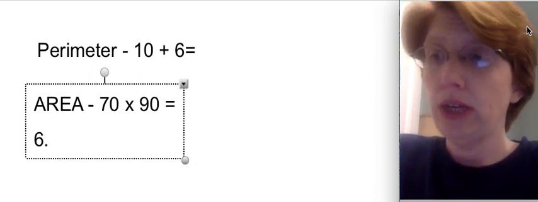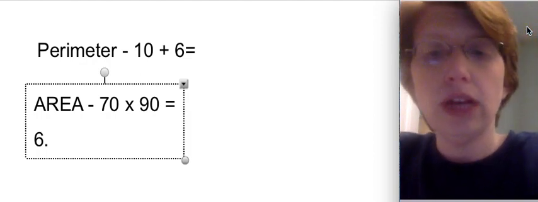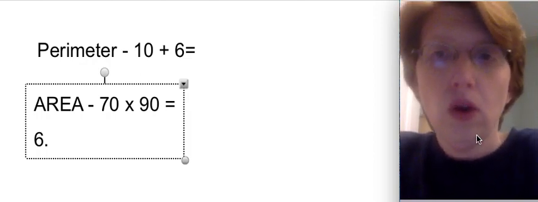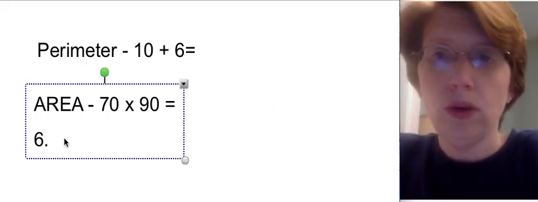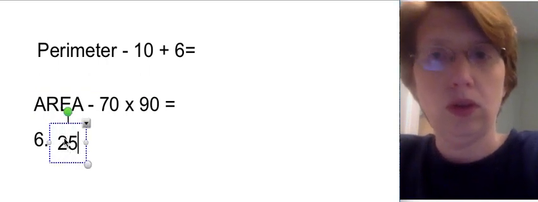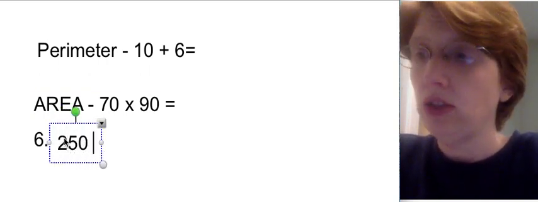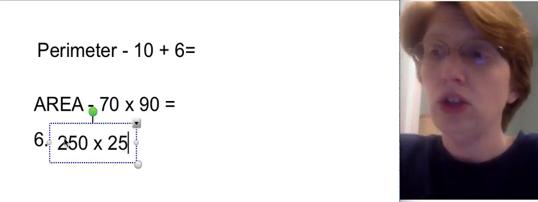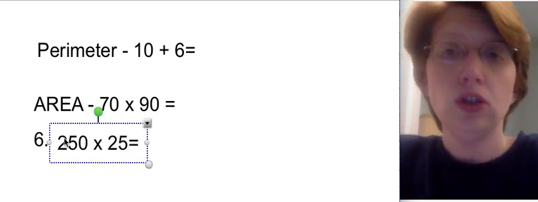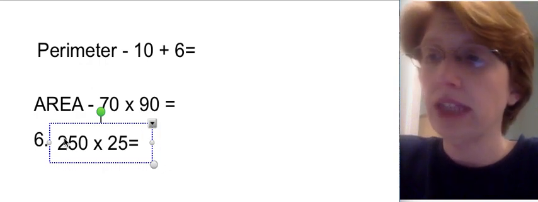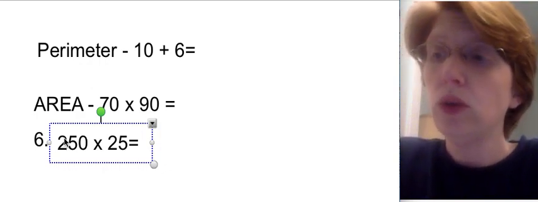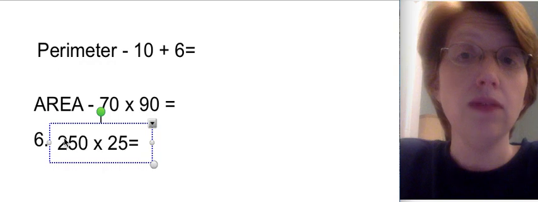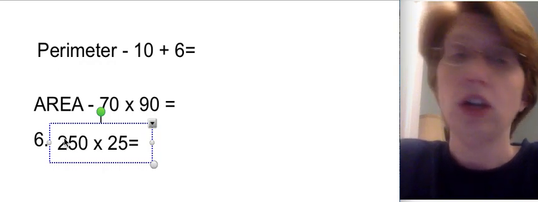Okay, so we know how much one bag covers, so that's 250. We want to know how much 25 of those will cover. So we're going to do 250 times 25, right? And that's going to give us how much they'll cover. Will 25 bags be enough to seed Dr. Chynn's lawn?